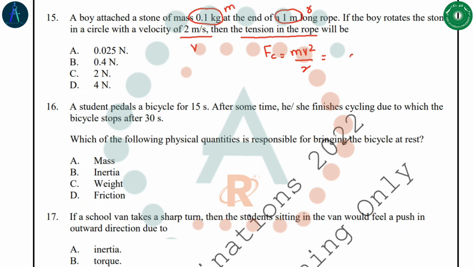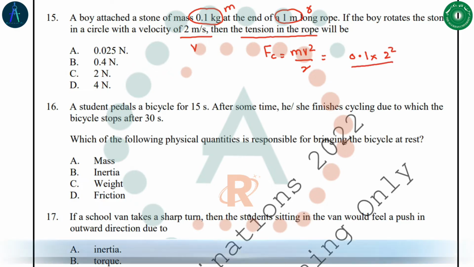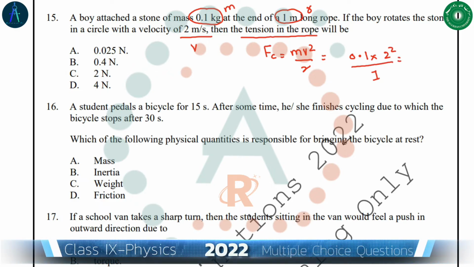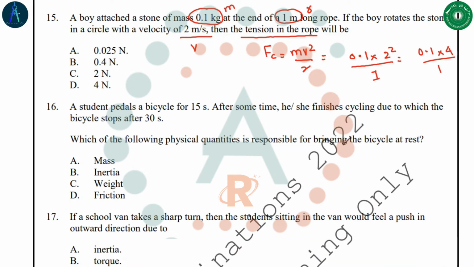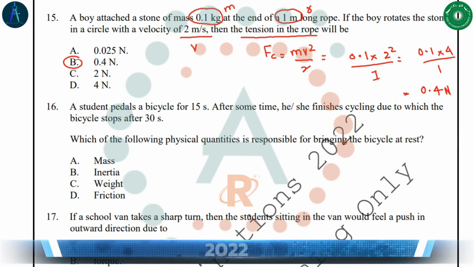So mass is 0.1, the velocity is 2 square, and the radius is 1. So 2 square is 4, multiplied by 0.1 will become 0.4 divided by 1. So finally we get the force or the tension in the string equal to 0.4 Newton. So option B is the right answer.